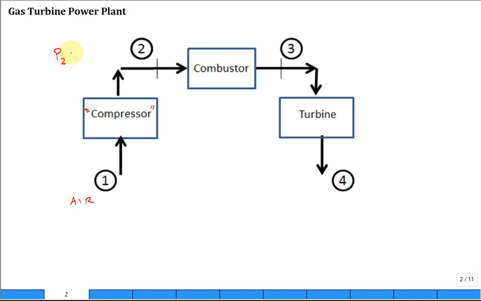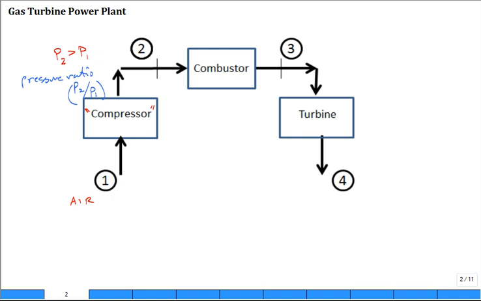It's greater than the pressure at 1, and often they specify the pressure ratio P2 divided by P1. Maybe that's 9. The pressure after the compressor is 9 times the inlet pressure, P1. Or maybe it's 10, or maybe it's 11, or maybe it's 12. But it's a pressure ratio.